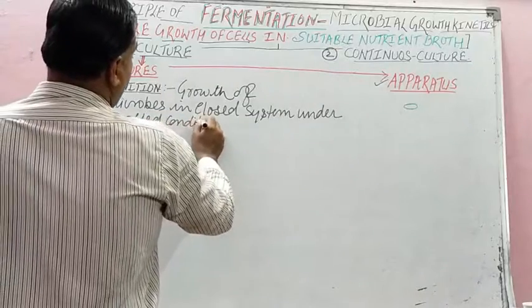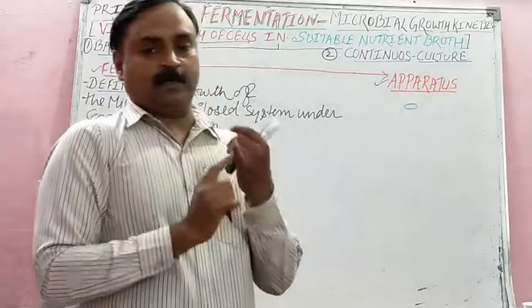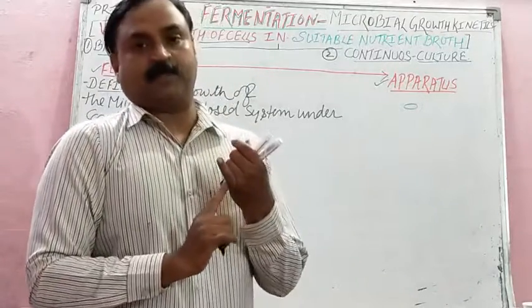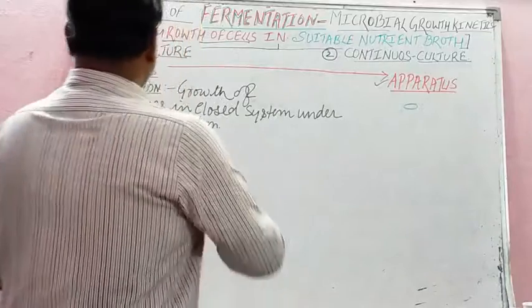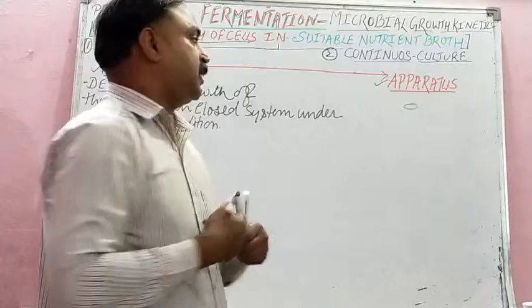Controlled condition means, student, suitable nutrient, aseptic condition and suitable temperature. So batch culture is growth of the microbes in a closed culture.